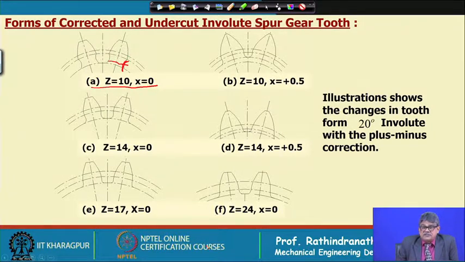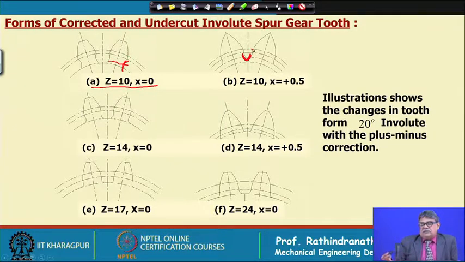So, let us consider it is for high speed, then we will put (18 minus 10) divided by 17. So, it is almost close to 0.5. If we give 0.5 correction, then this will be the shape, and this base circle is here, whereas this root has become above the base circle, and this is called the trochoid.